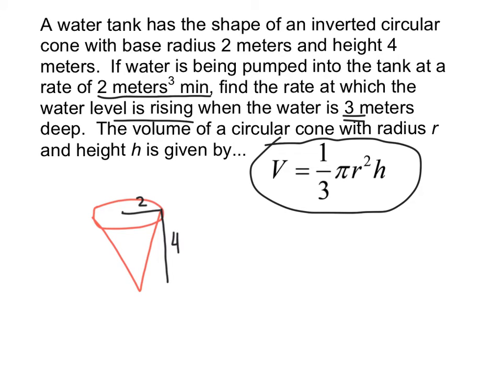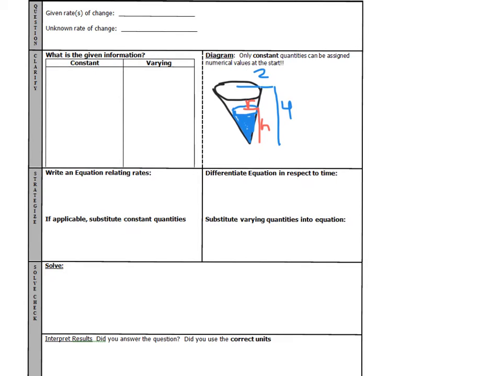So let's go ahead and set this problem up. We first have to see what is the given information. Well, we were told the change in volume with respect to time is equal to 2 meters cubed per minute. Now what we're trying to find out is the change in height with respect to time. So that's what we don't know. And we want to know specifically when h is equal to 3.